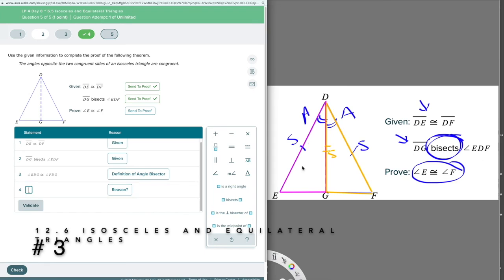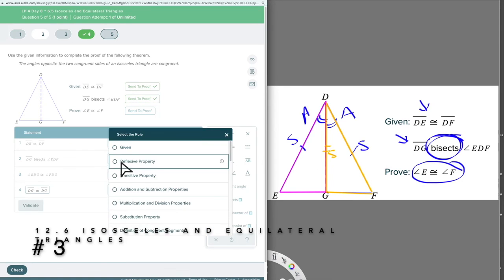That was given. I just defined what angle bisector was, so I have my angle. Now I need to show that this shared side is shared. So I'm going to say segment DG is congruent to segment DG. They're congruent to each other. That's reflexive.